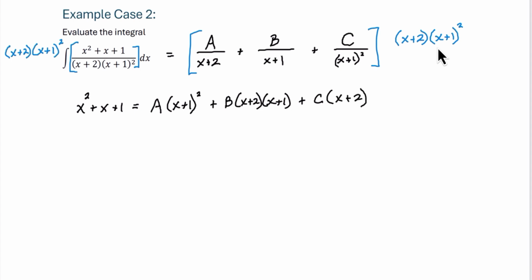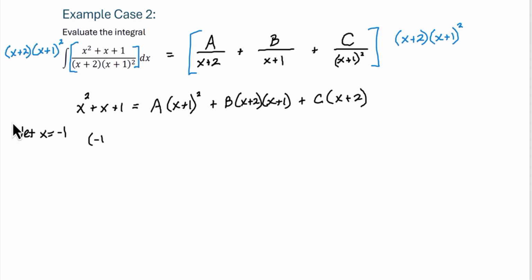We'll next choose clever values for x to help us find some of those letters. Up first, if we let x equal -1, notice that this factor will become 0. Also, this factor will become 0. That's going to help us find one of the letters. So again, let's let x be -1.